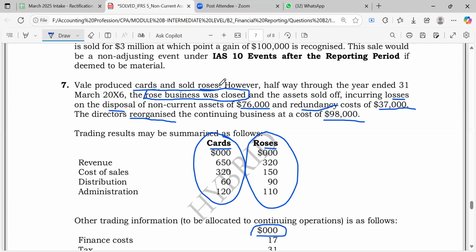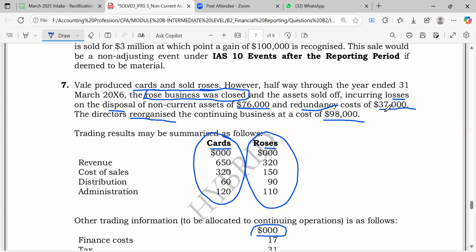Now, reading up here, we have the loss on disposal. Loss on disposal is obviously involved in a discontinued operation, right? Because you have disposed the item and you are no longer in the business, so it's under discontinued operation. Redundant cost, you are paying the people whom you lay off.